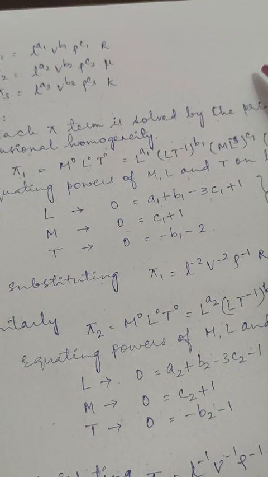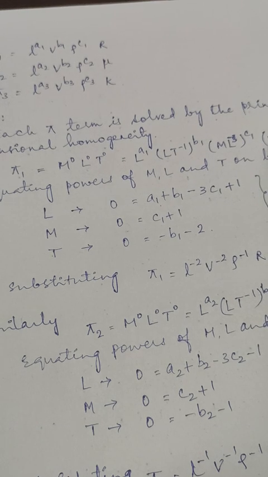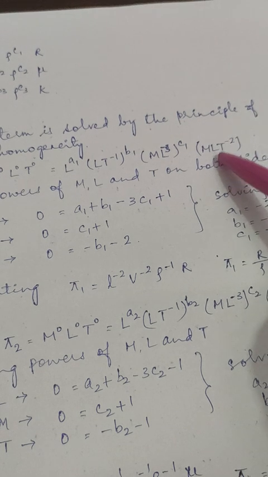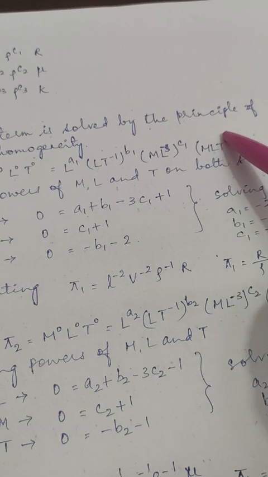So force will be written as mass into acceleration. Mass is given as M and acceleration is given as meter per second square. That's why it is L divided by T square, in the sense L T to the power of minus 2.